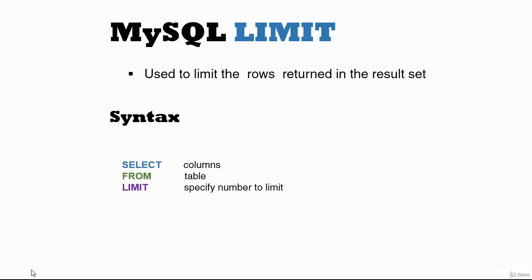The limit is usually at the end of the select query. What that does is it limits the number of rows that are returned. So you can specify the number of rows you want, which is usually a numerical value. The values can be 0 or positive integers. So anything from 0 and above, you can specify.